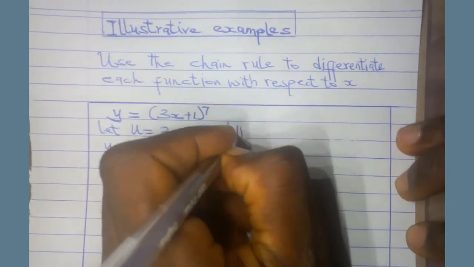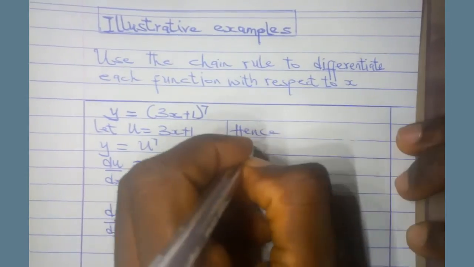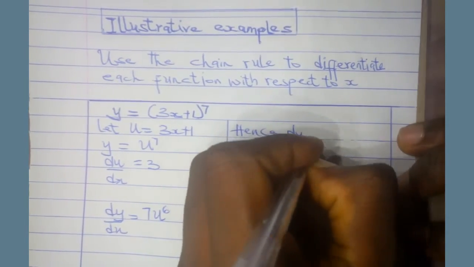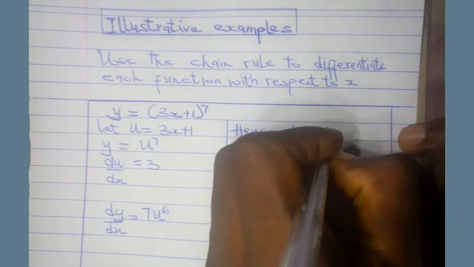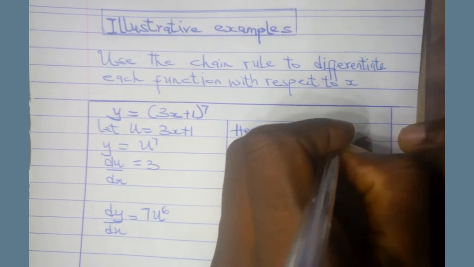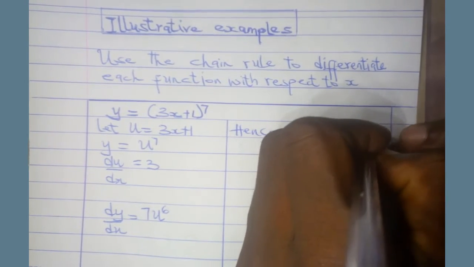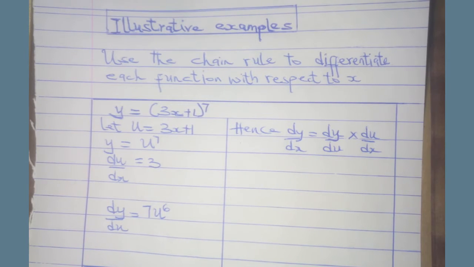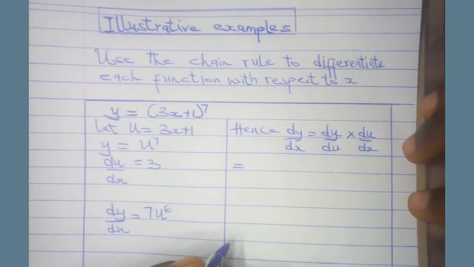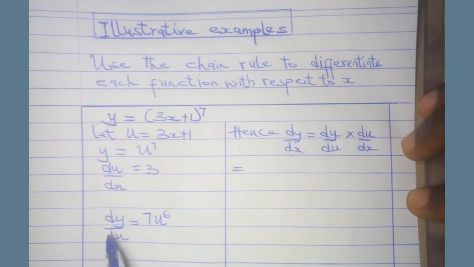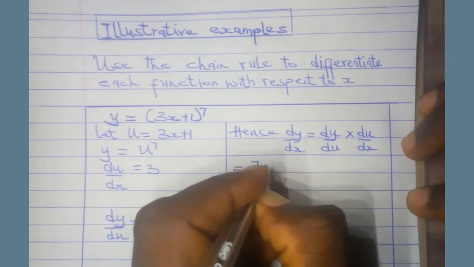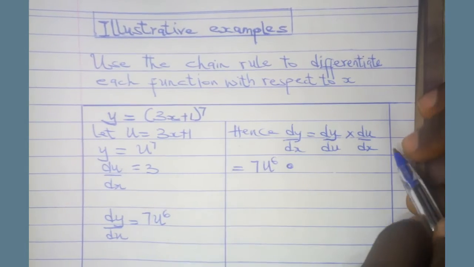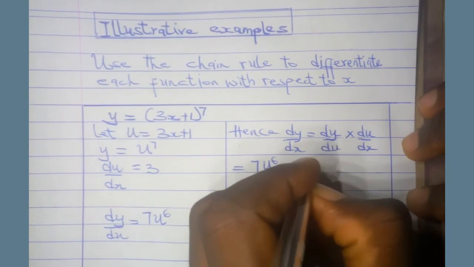Hence, dy/dx is equal to dy/du times du/dx. So now let's substitute. dy/du is 7u raised to the power 6 times du/dx. du/dx is 3.